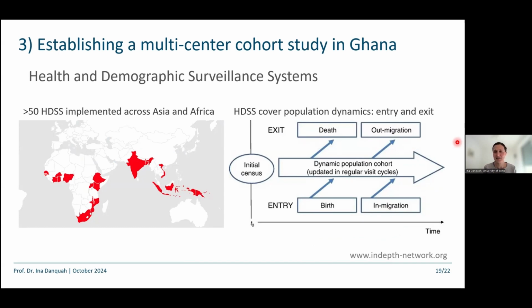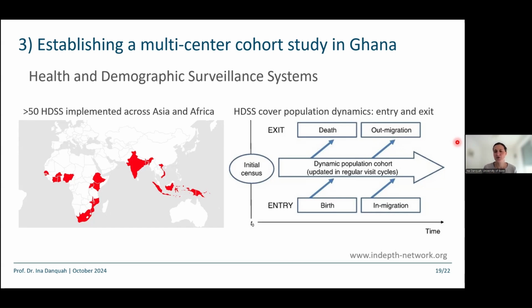And the idea of this is that these are really full population cohorts which are under regular surveillance. So at least once a year, there will be a team visiting this full population. That's why we start with a census here, so to really know how many people live in every household in that area. And then we will regularly investigate the number of births or people who migrated into that household.